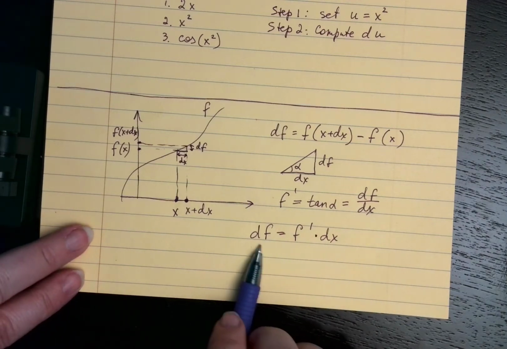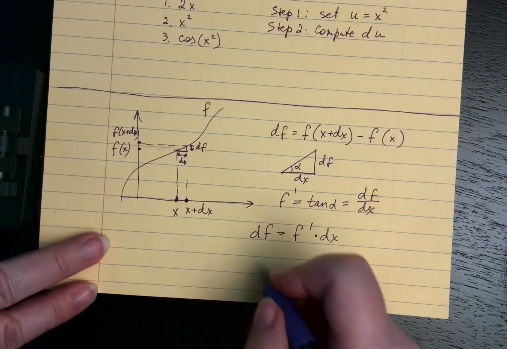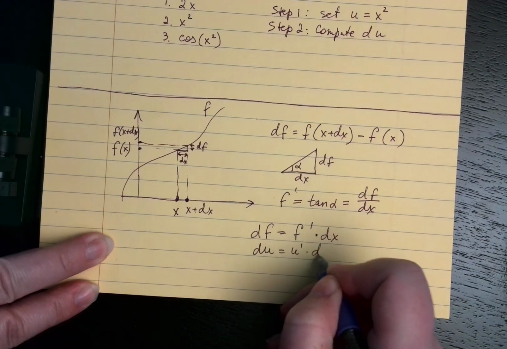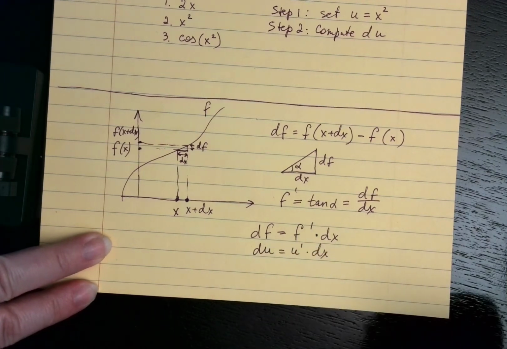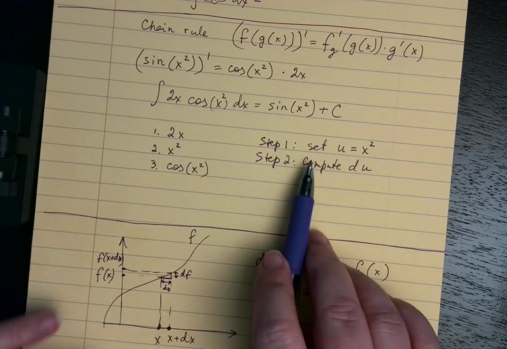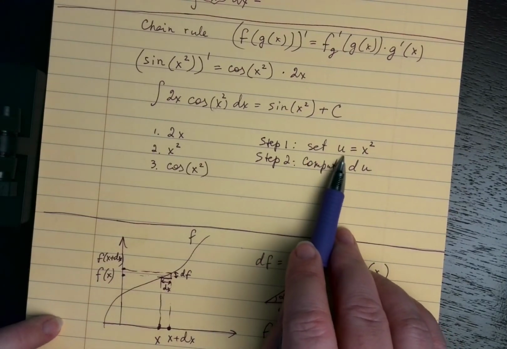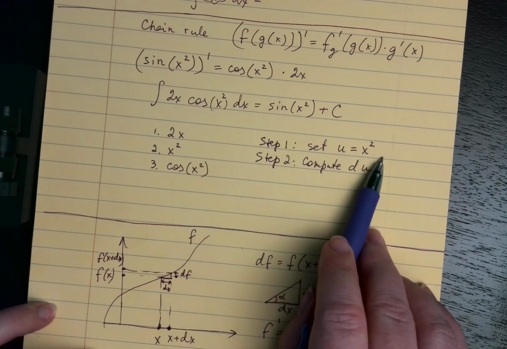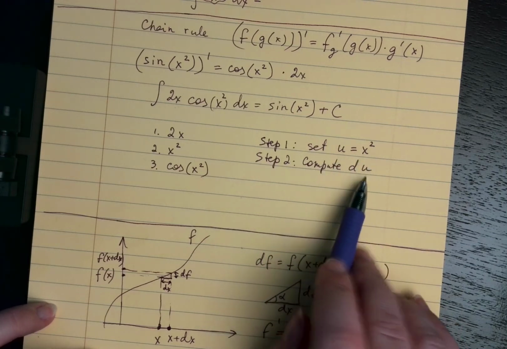So now if we call this function not f but u, du is equal to u prime times dx. Now we're jumping back here and we say, okay, once we set what our new variable u will be, let's compute du.